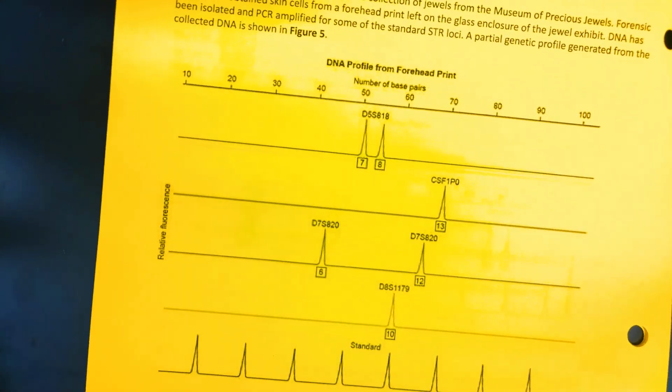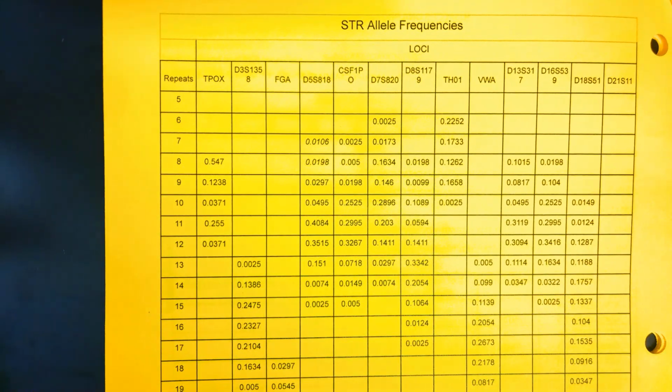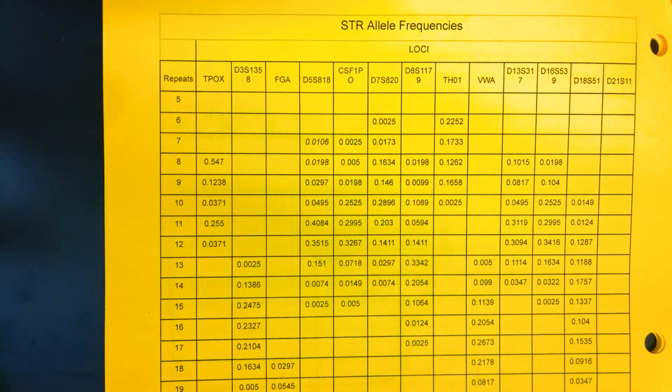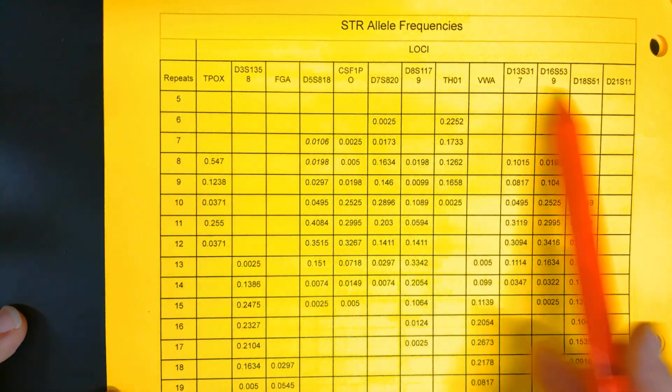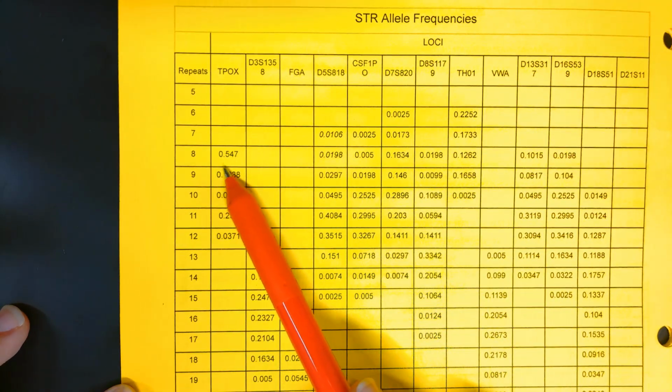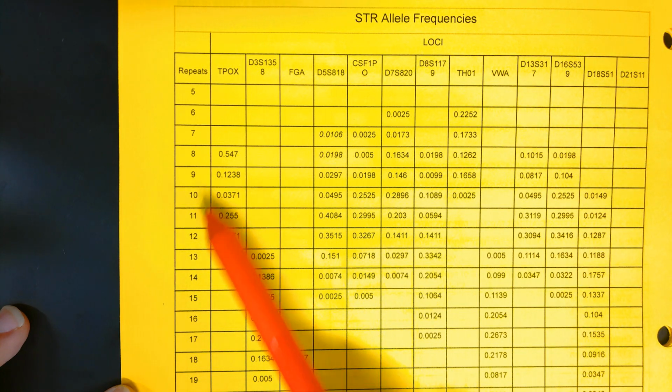If you notice on a future page in your packet, you have a big chart like this. This is actually real data that we have collected in the United States of a wide variety of citizens. We've taken their blood sample, we have the different loci, and we actually have the probability of those repeats listed here.